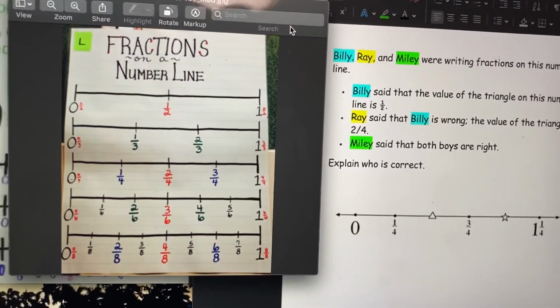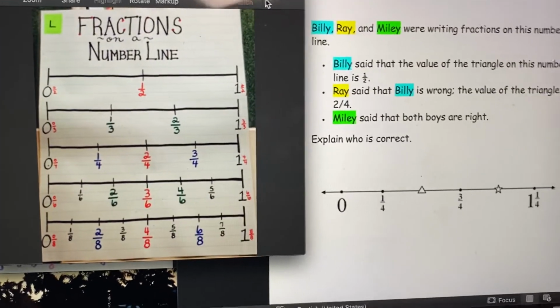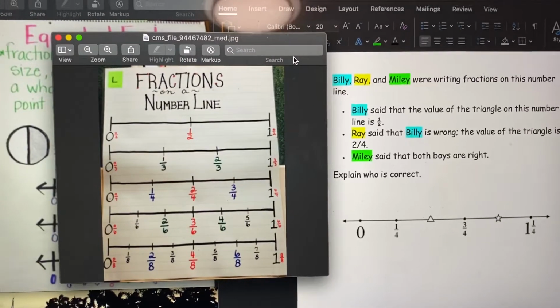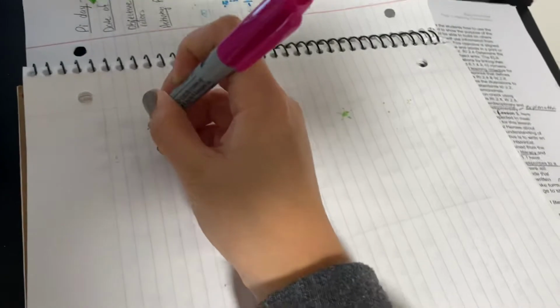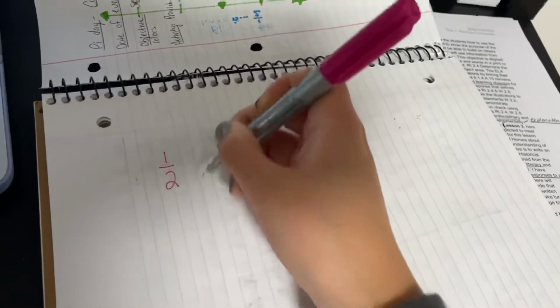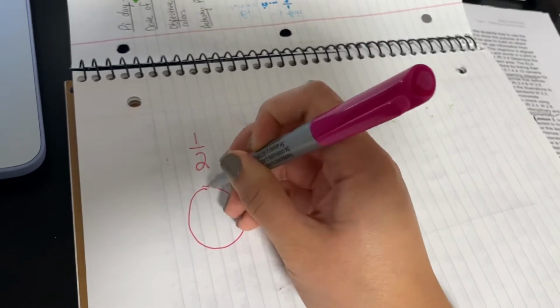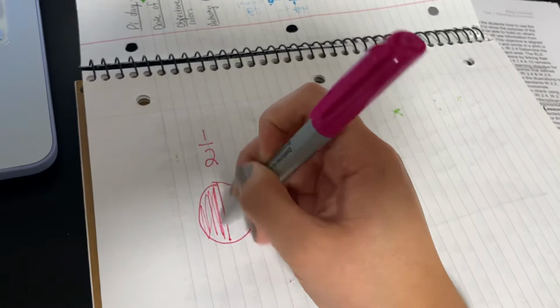Okay, to put it into perspective, I'm gonna draw it for you guys. Okay, let's look at this together. Let's do 1/2 as a circle. Remember we did this in class together? Shade in 1/2.